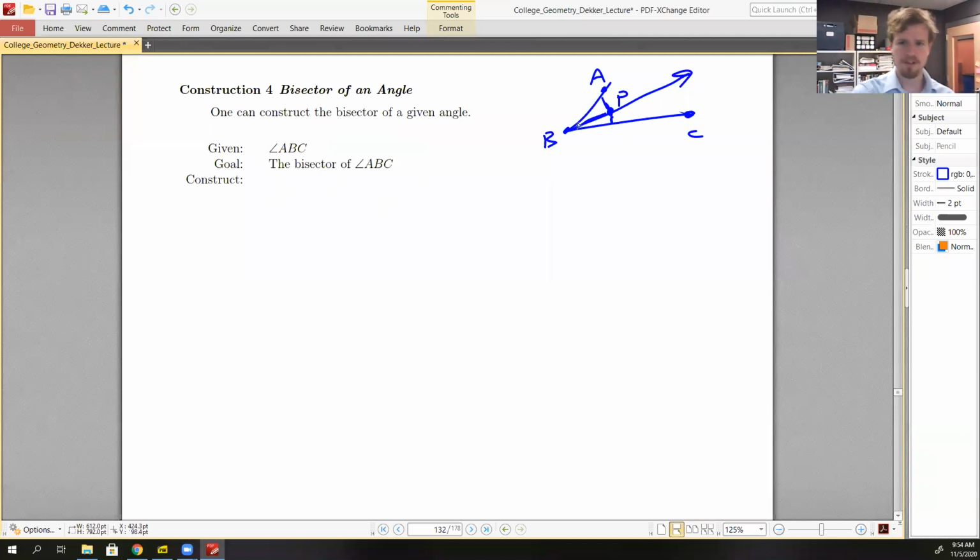To find our bisector of the angle, the first thing we're going to do is find these points here. We want to construct the circle centered at B with some radius greater than 0. That's going to give us some intersection points.